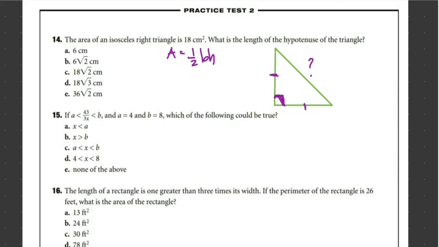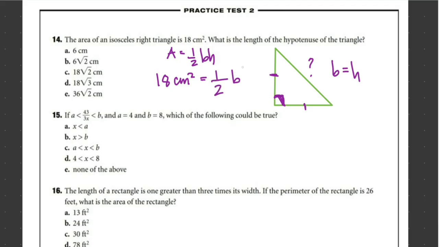This is like a 45-45. We're given the area. Hold on. That means here the base is equal to the height, right? We're given the area is 18 square centimeters. We just plug in that there, equals 1/2. So base is just equal to height.